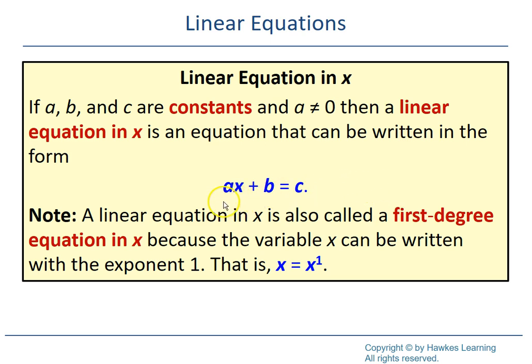So once again, this is standard form for the linear equation. It's called linear here because our x is only to the first power. That is, there's an exponent of 1. Once the value you're solving for is squared or cubed, they're not linear equations anymore.